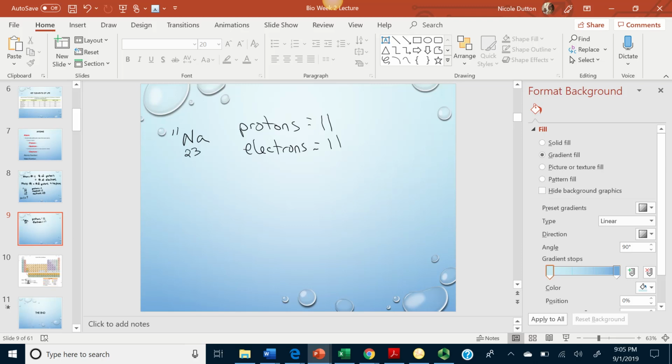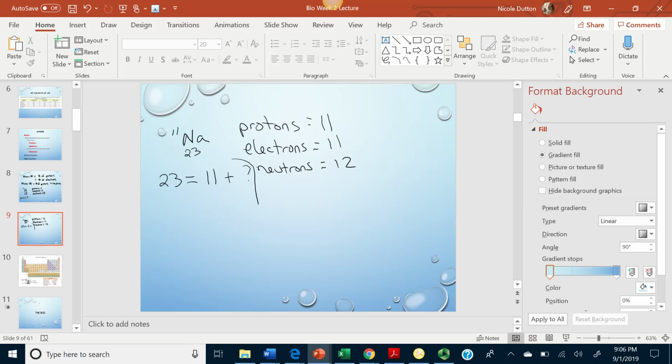And then to get the number of neutrons, we take our mass number is equal to the number of protons plus the number of neutrons. So 11 plus what gives us 23? Well, 23 minus 11 is 12, so our neutrons is equal to 12.